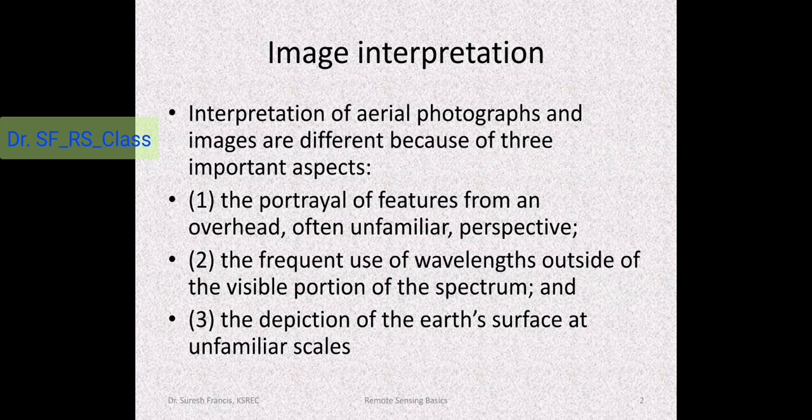And the second one is the use of wavelengths apart from the visible spectrum. So we normally would like to see objects as we see in the visible spectrum, but remote sensing uses the electromagnetic radiation spectrum other than the visible ranges, including infrared, microwave, and the possible thermal segment of the infrared.